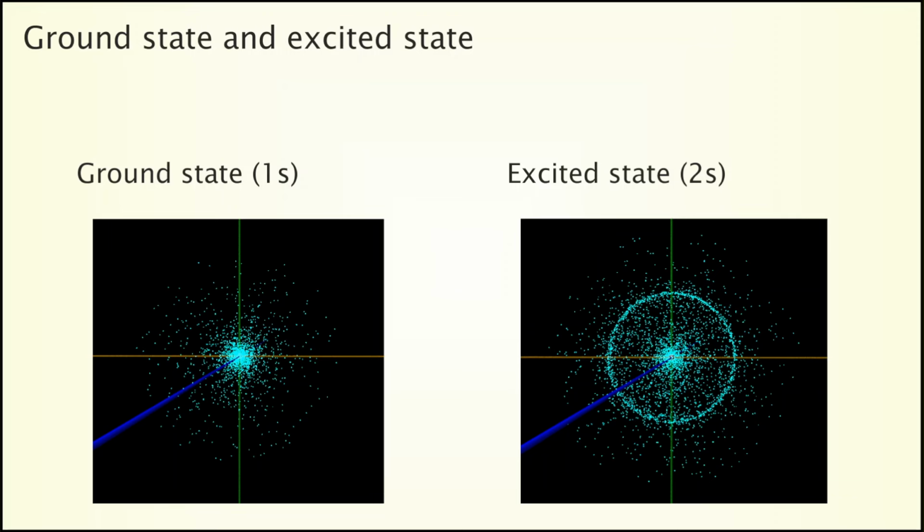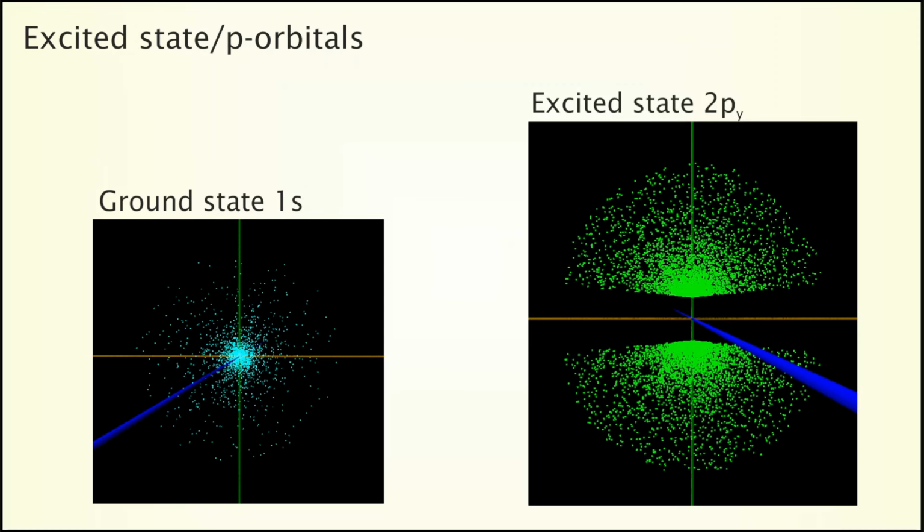So there's more to it than only this difference in distance to the nucleus. And this difference becomes even more obvious when you look at the second excited state. This would be the 2p orbital. By the way, we are calling these states orbitals. So the ground state is the 1s orbital.